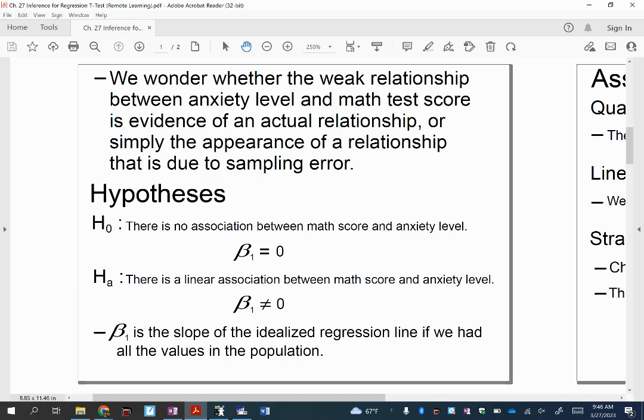So we're essentially assuming that it does not have a linear relationship, so the slope would be 0. We're trying to prove that that's, in fact, not true, that there is a linear relationship between these two quantitative variables. I'm trying to stress that a lot today. These are two quantitative variables. On the AP exam, the odds of you getting a free response question to run this test are low.